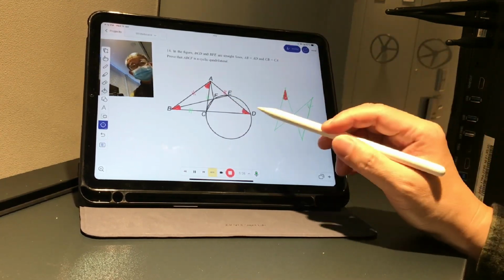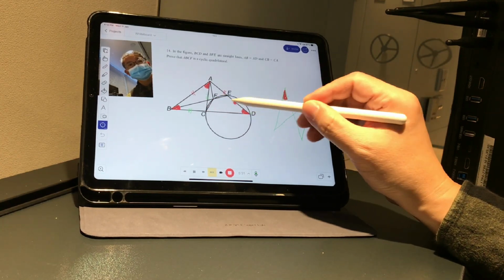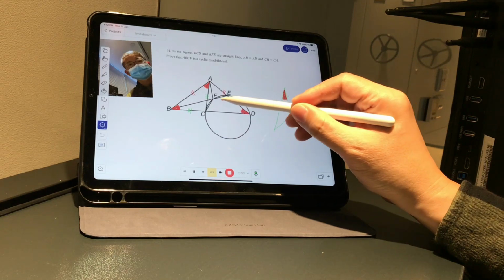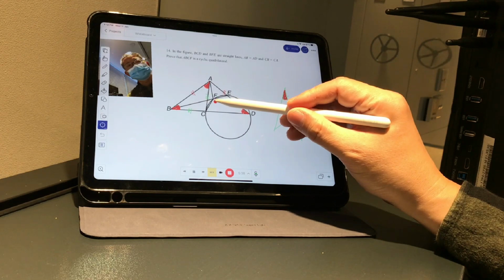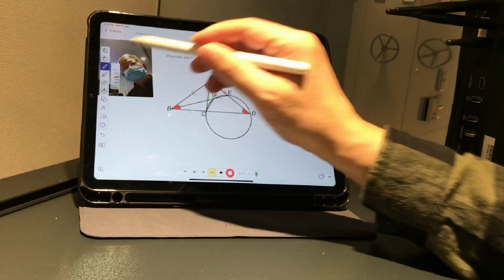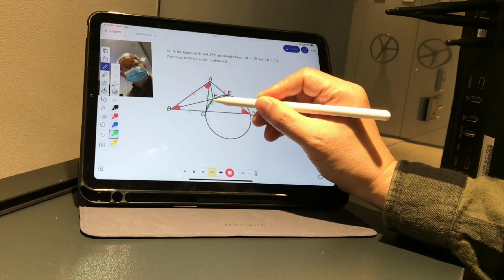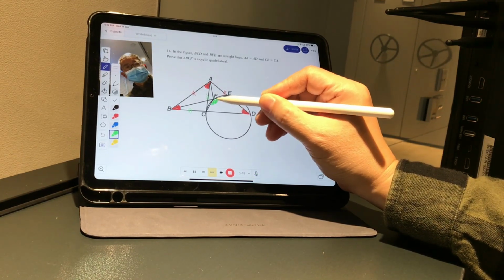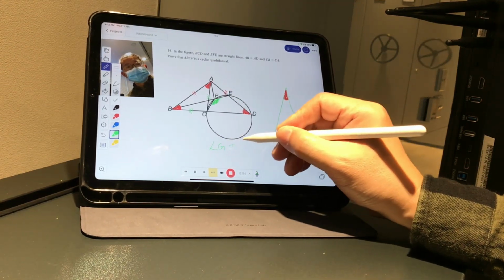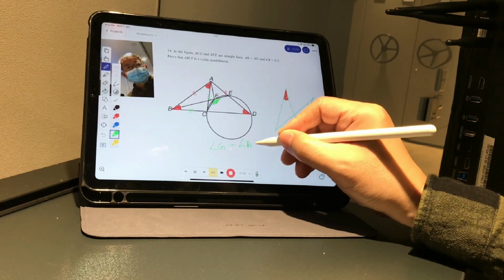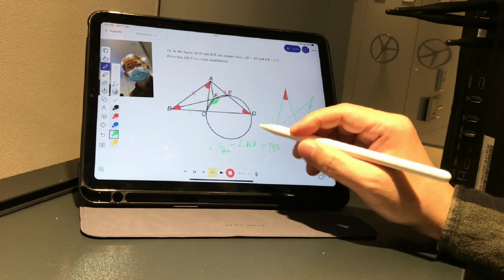From the properties we learned before, a cyclic quadrilateral has the property that opposite angles add up to 180 degrees. So let me paint this one with green. So we know that angle green plus angle green are equal to 180 degrees.